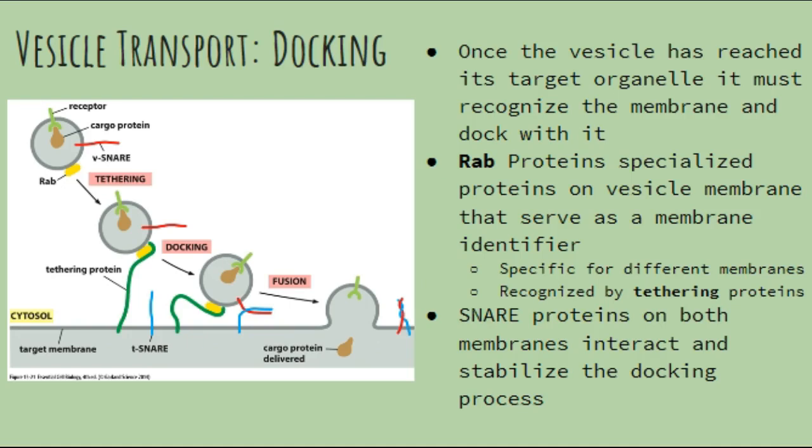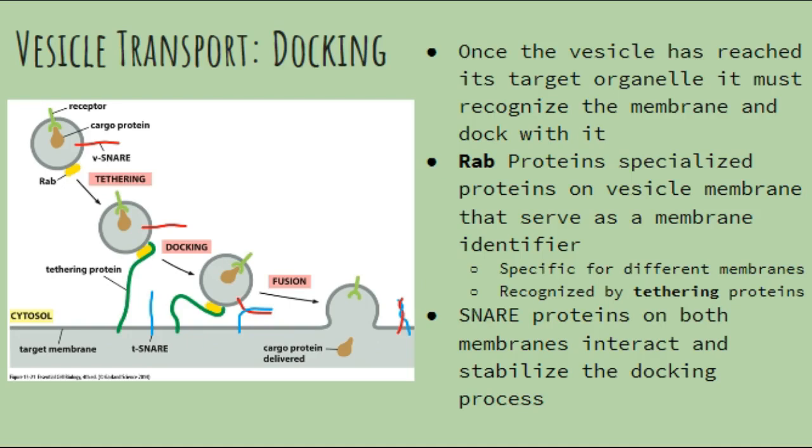They are specific for different kinds of membranes and are recognized by tethering proteins, which are shown in green. So the tethering proteins interact with the Rab proteins and bring the vesicle closer to the membrane that it's going to be docking with. Snare proteins, shown in blue and red, on both membranes interact and stabilize the docking proteins.